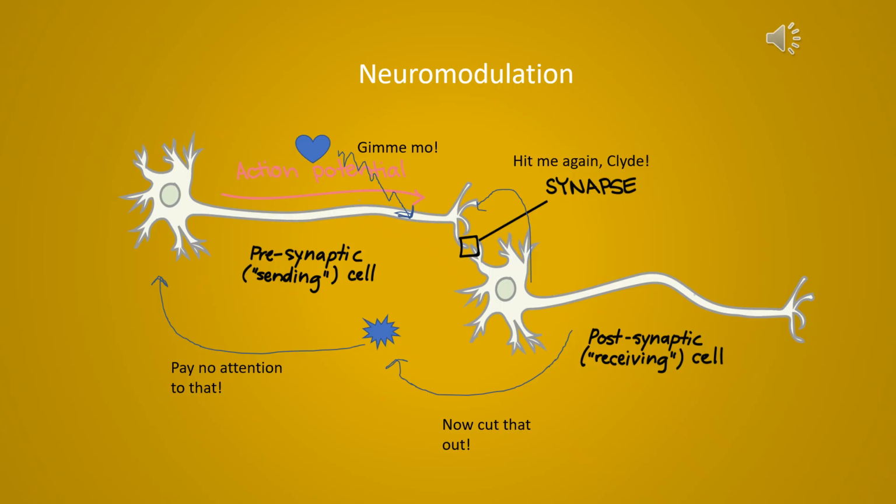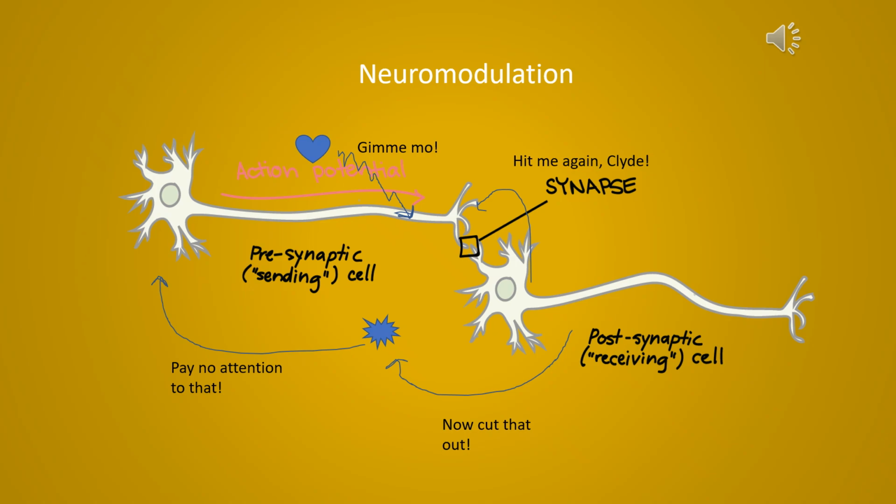Or we can have, outside of this two neuron design, also in the upper part of the illustration here, other tissues of the body releasing neuromodulators that affect what happens at the synaptic cleft.